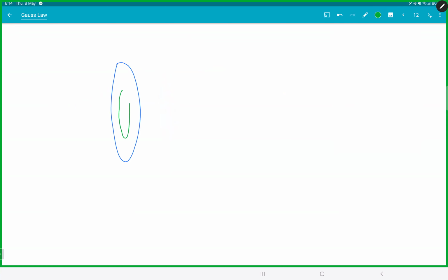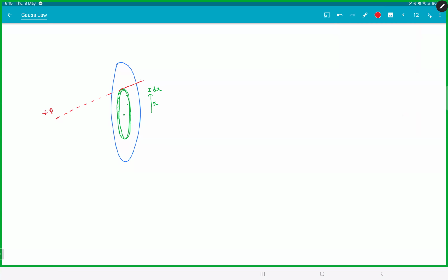We take thin rings. Yeah, most of you got it right. You take a thin ring here like this, whose radius is x and whose thickness is dx. So this is your point charge q. From here, how is the field?